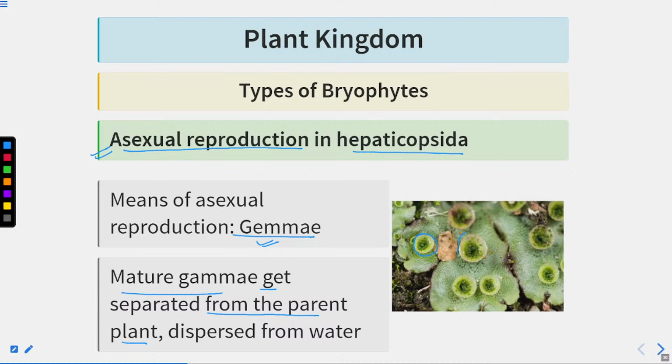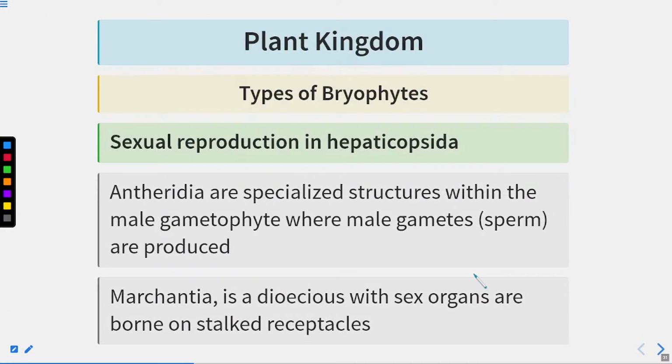So when it gets detached from this thallus, with the help of water it reaches another place where water is available and the soil is there, right? It gets attached and gives rise to a new plant. So this is actually called the gemma cup, and it bears gemmae inside.